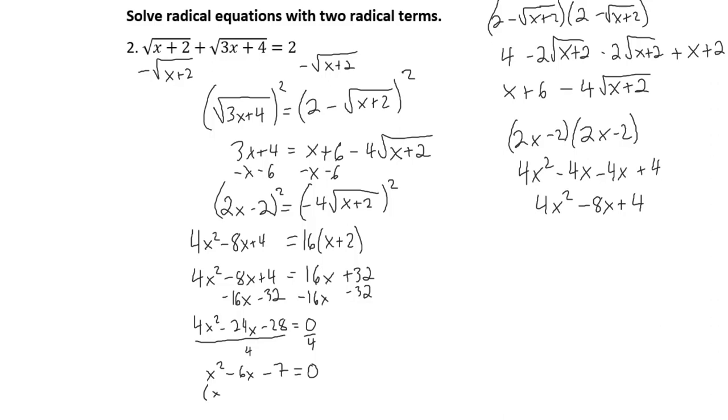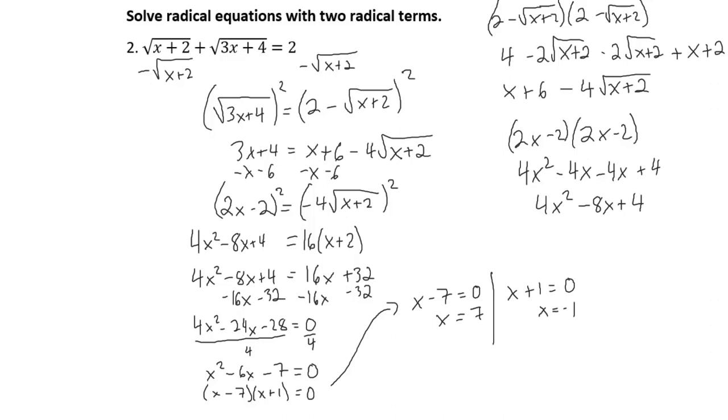So that is x minus 7, x plus 1 equals 0, which we set each factor equal to 0, and that gives us x minus 7 equals 0, and x plus 1 equals 0. So that's x equals 7, and x equals negative 1.